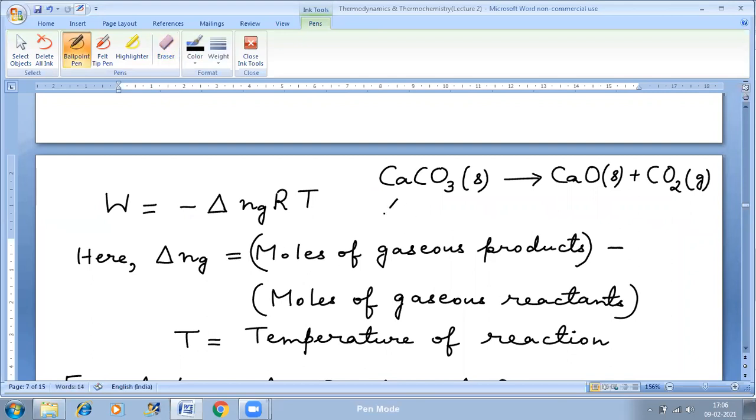Now again we want to find out the value of delta Ng for this reaction. Again, moles of the gaseous products. Now we have two products, one is CaO and one is CO2. But then we are supposed to consider only gases. We are not supposed to consider solids or liquids because in delta Ng, that G stands for gases.